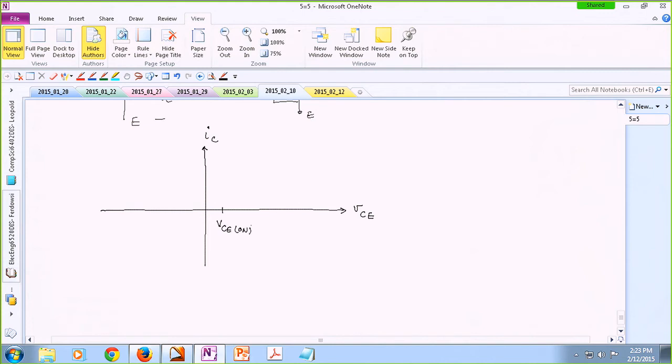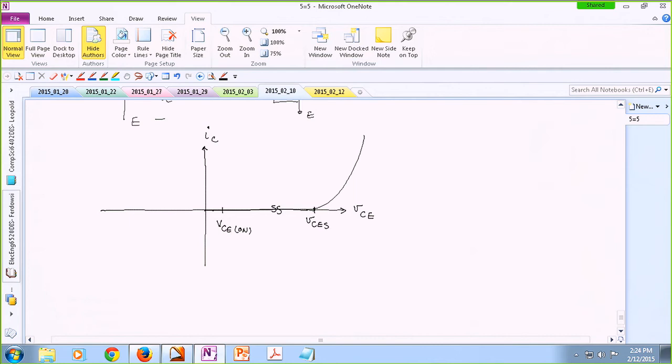Okay, if the device is off, it is not supposed to be conducting anything. So you're pretty much on this line. The device is off, it is not conducting any current, and it is capable of blocking some positive voltages from collector to emitter. However, you cannot keep increasing this voltage. There's going to be a breakdown happening at some point, and the device is going to get damaged.